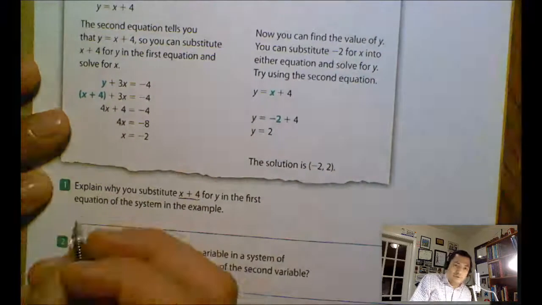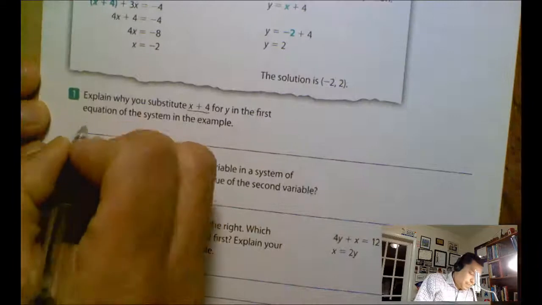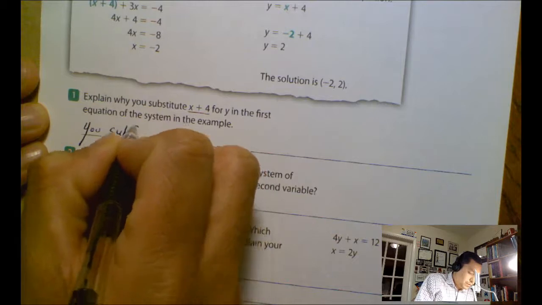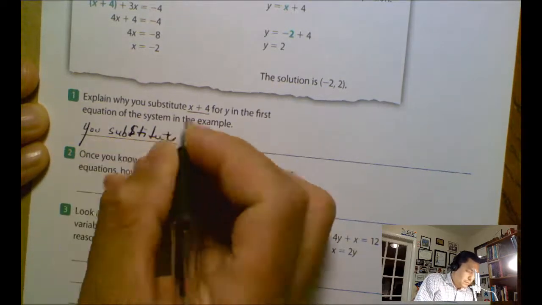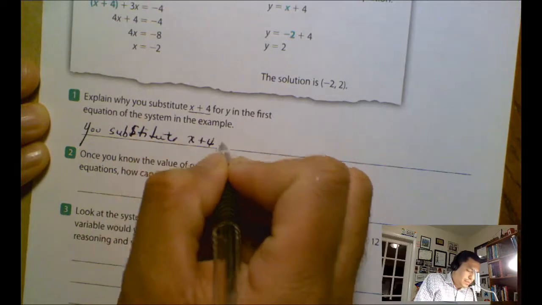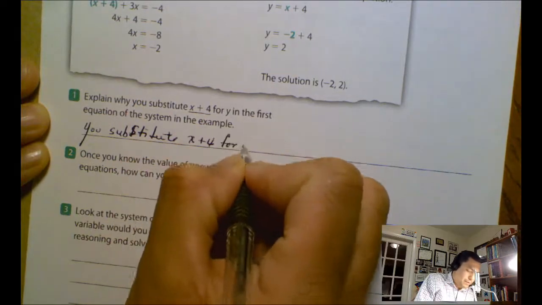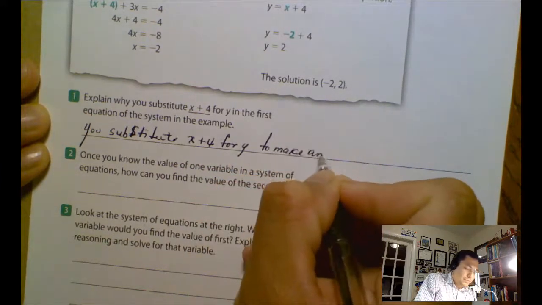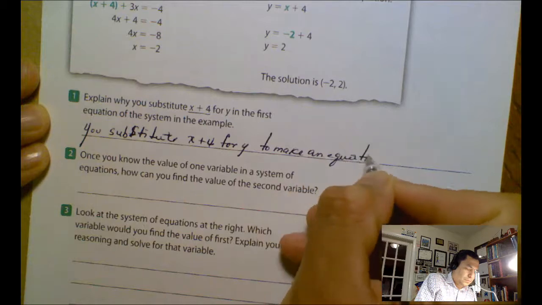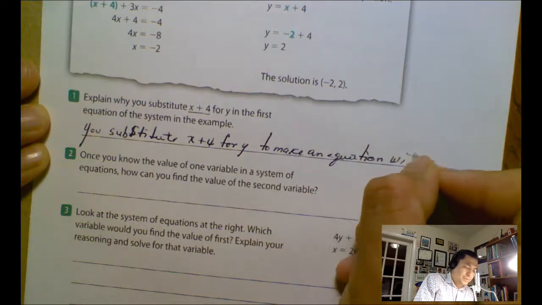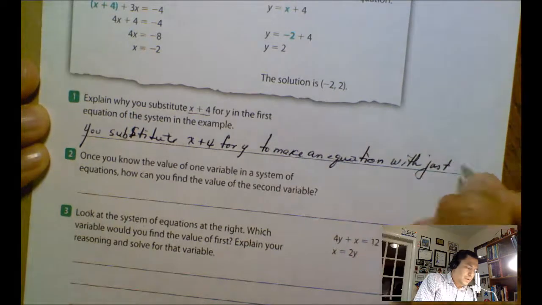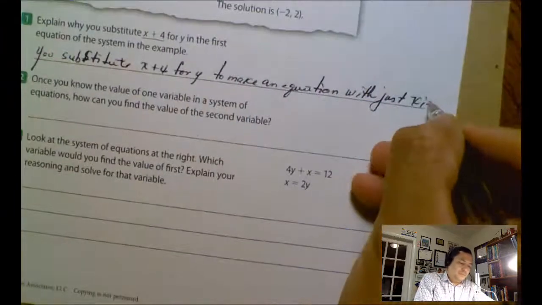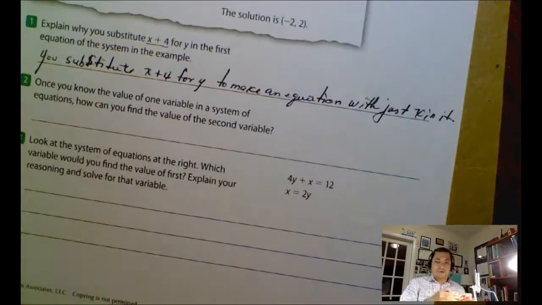In this case, I'm going to say, for example, you substitute x plus 4 for y to make an equation with just x in it. Just to have x in those ones.